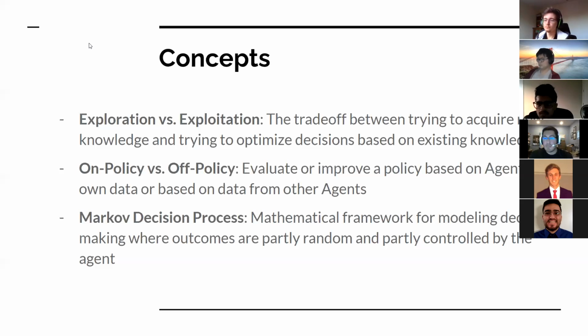Then the last concept is the Markov decision process. It's the mathematical framework that we use to model our decisions. As it says here, it's partly random and partly controlled by the agent.